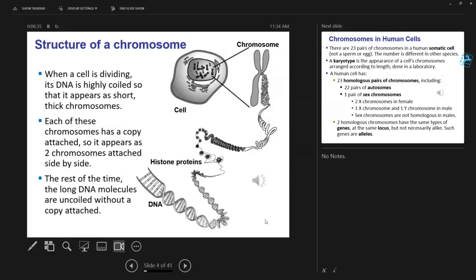It would be hard for those long tangled chromosomes to move into the daughter cells if they're all strung out and tangled up like that. So to make that happen more simply, before a cell divides, the chromosomes coil up, so they're short and thick. And so this is a DNA molecule.